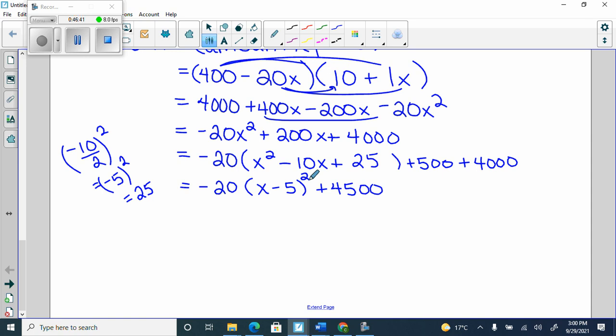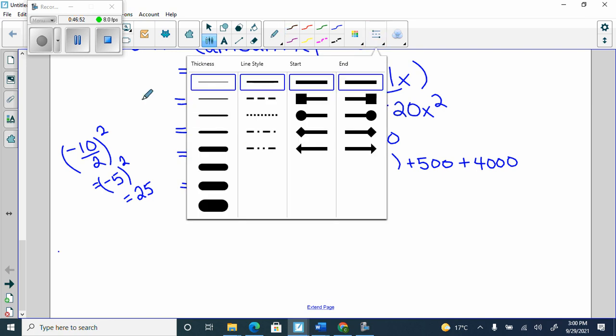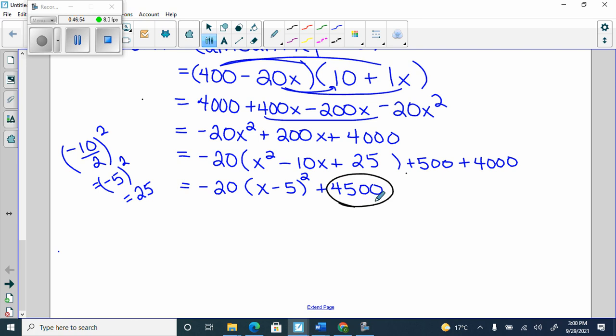It's not a loss. So this back number is always our max revenue or max profit, depending on if they say revenue or profit.